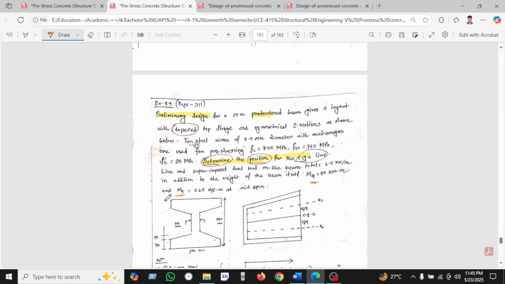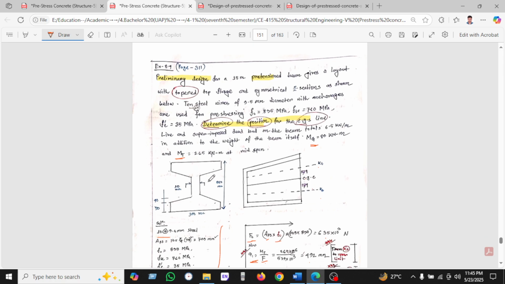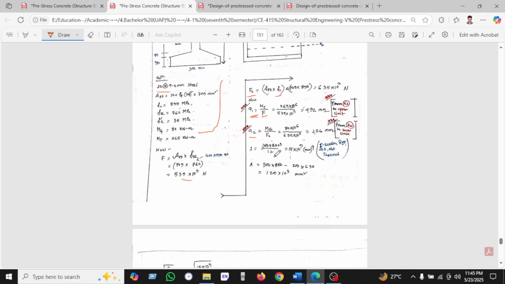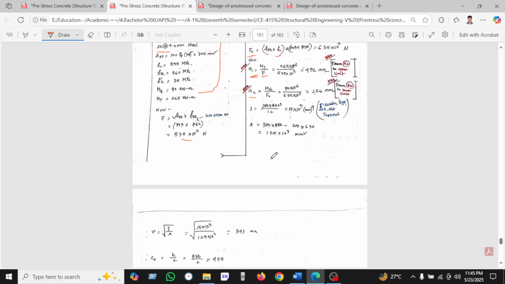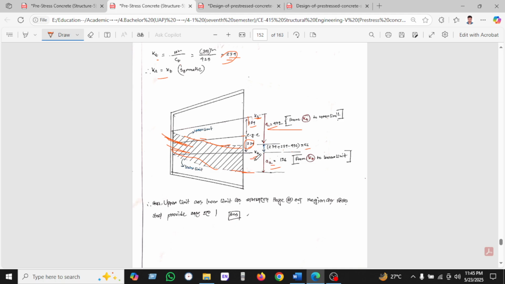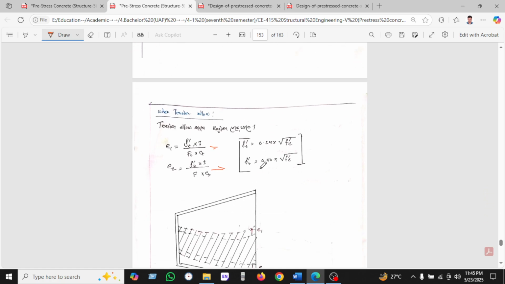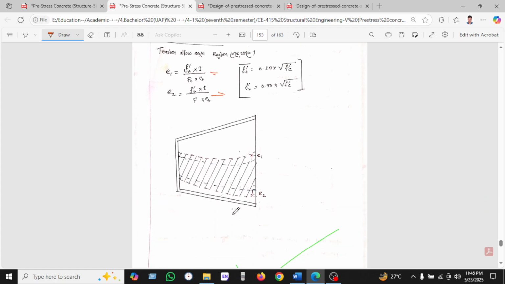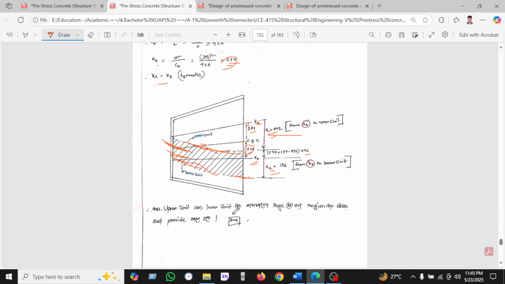And we can see an example of a tapered section and finding the location of the shaded zone, the kern zone and the air zone. And after that, we can also find the upper and lower limit. After finding this, if we allow tension, then it will also be shown here.